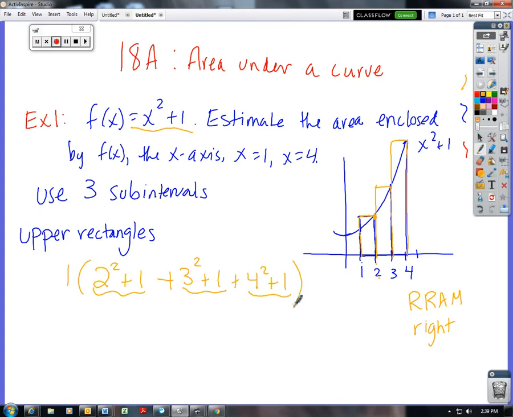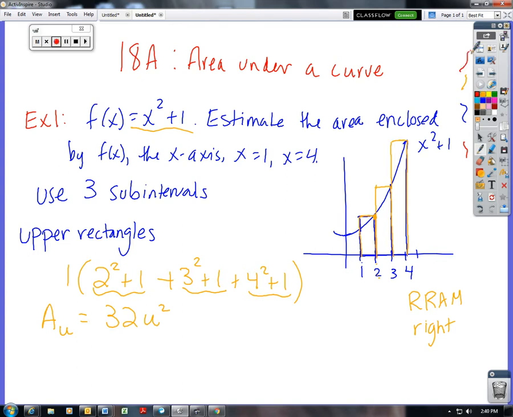And I've worked these out ahead of time, so that one happens to be 32 units squared. That's the upper rectangle method. And the IB uses A sub U for upper area based on the upper rectangles.